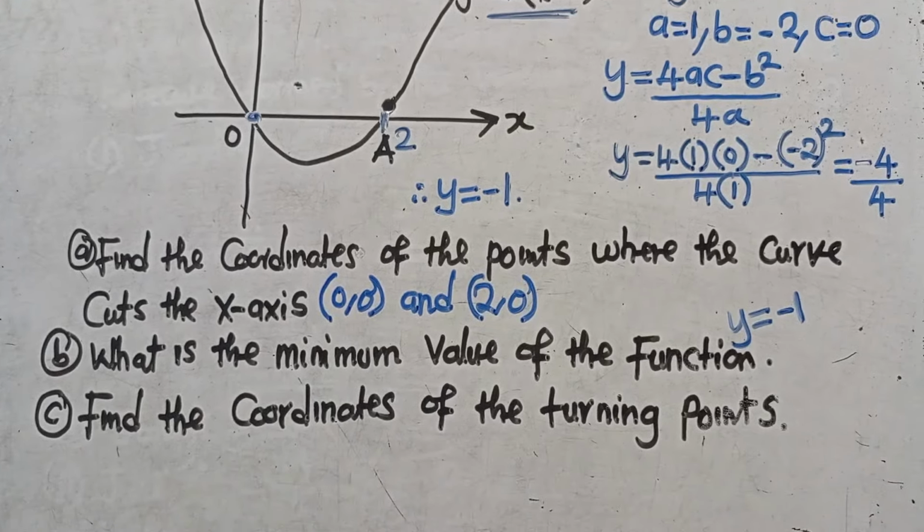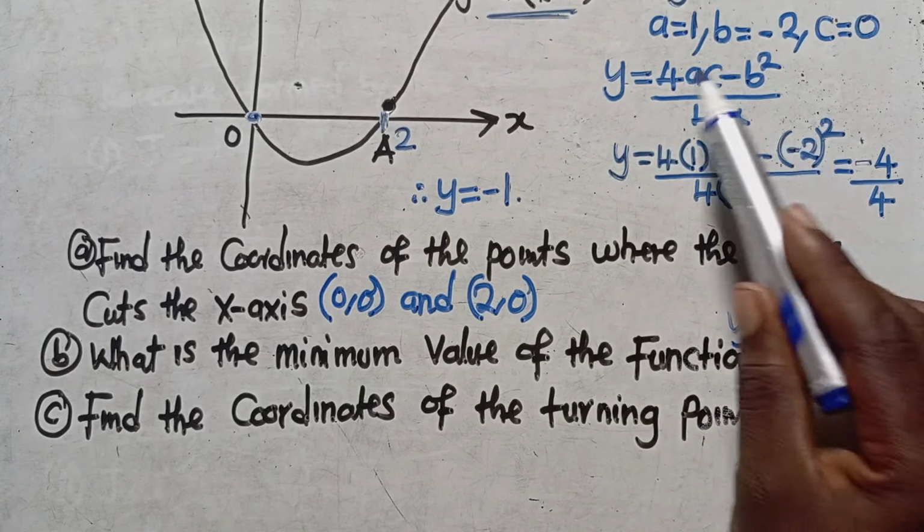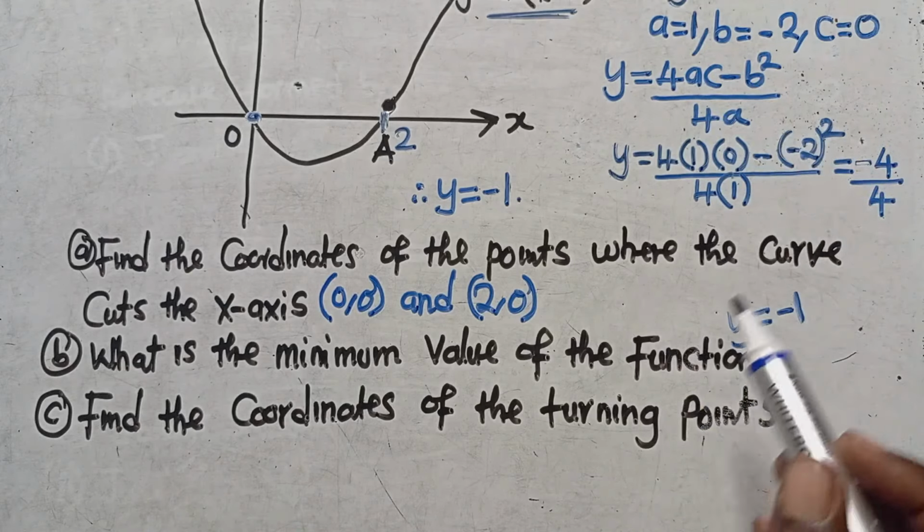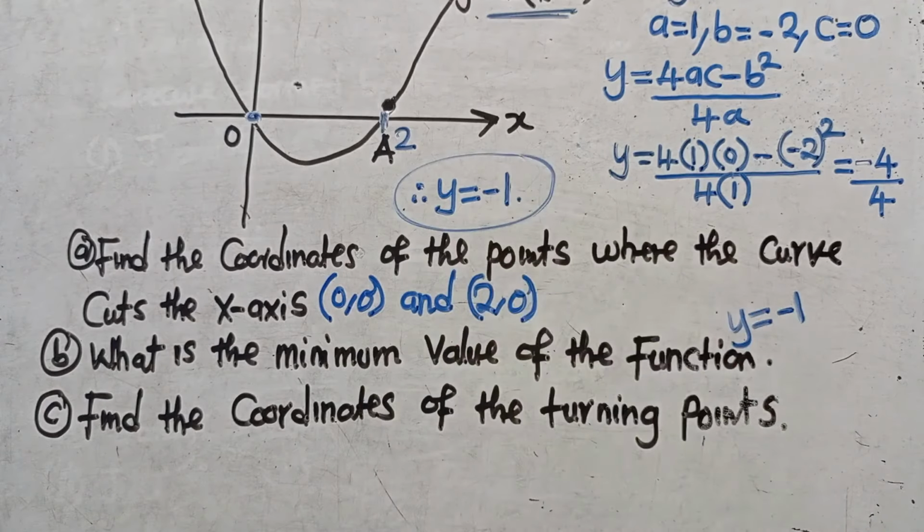We now move to the other question where we are told to find the coordinates of the turning points. So since we've got these values a, b and c, we already know the value for y is this one.